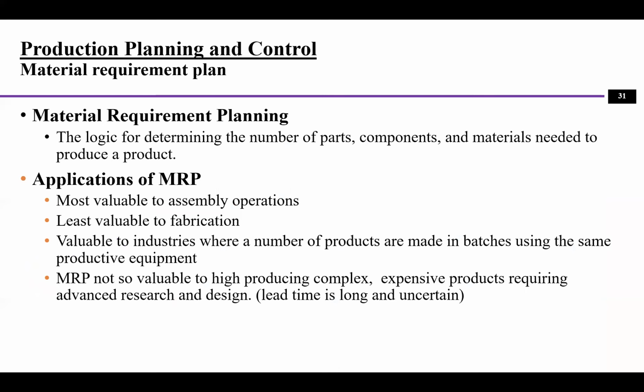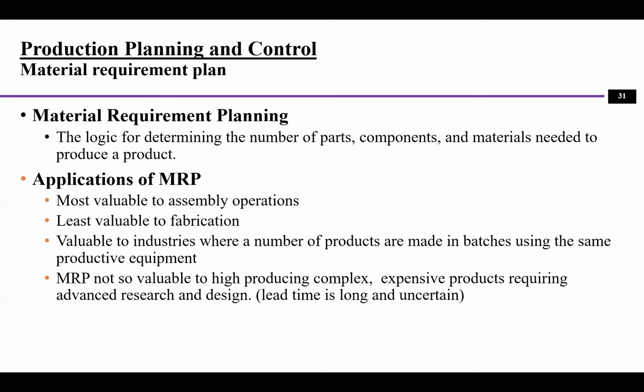Another topic I'm going to talk about is material requirement planning. So material requirement planning is basically a logic, right? It's a logic for determining the number of parts, components, materials that are needed to produce a product. How to explain this?